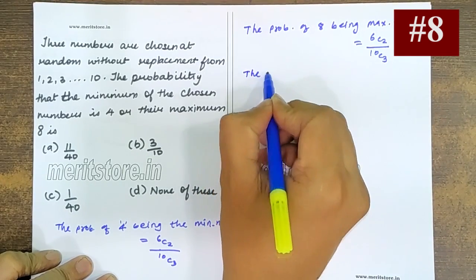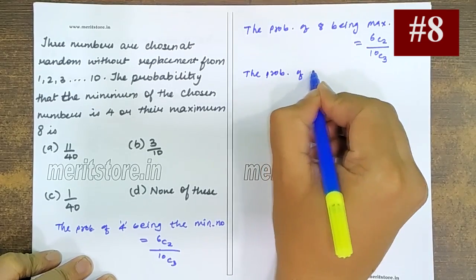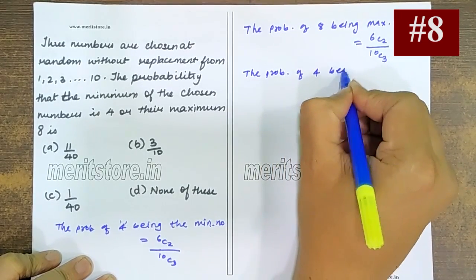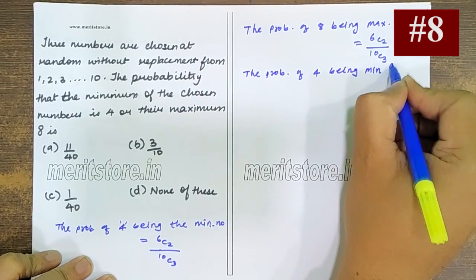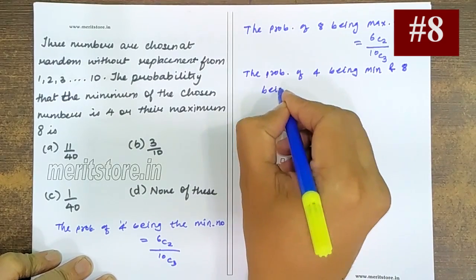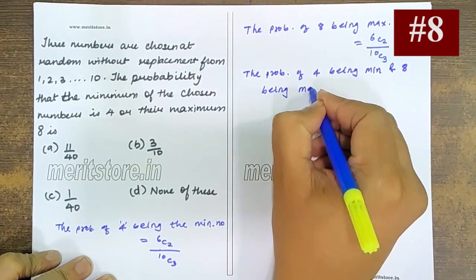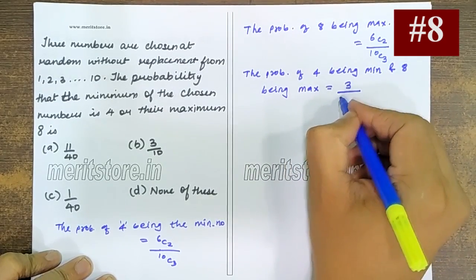So the probability of 4 being minimum and 8 being maximum is equal to 3 upon 10C3.